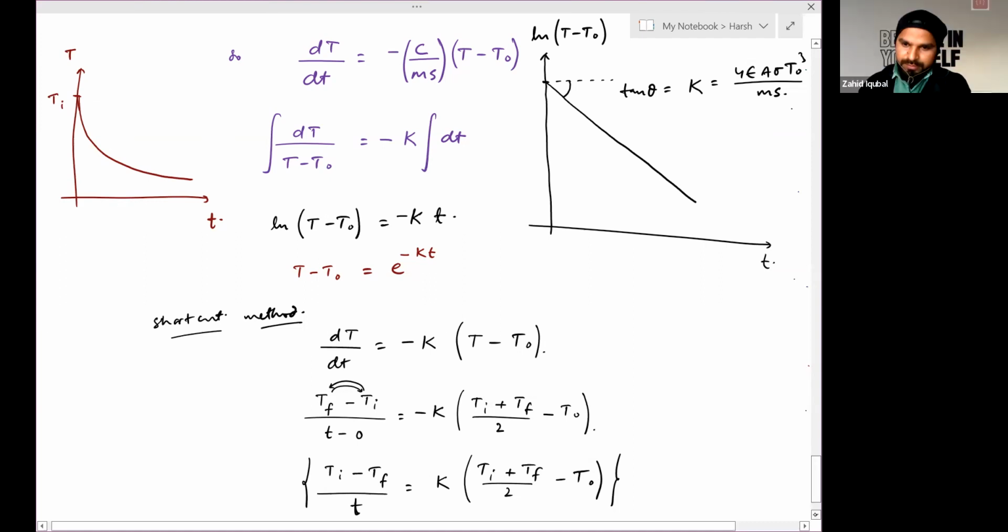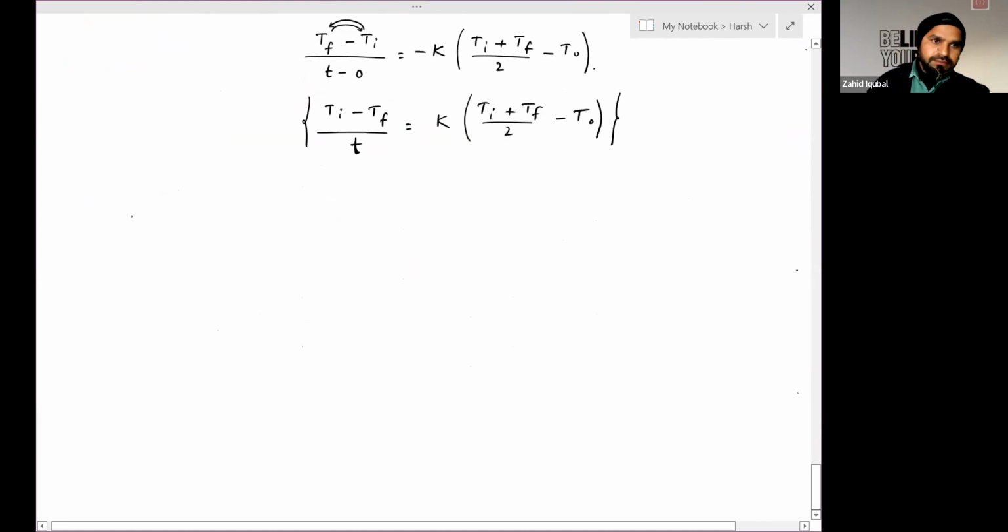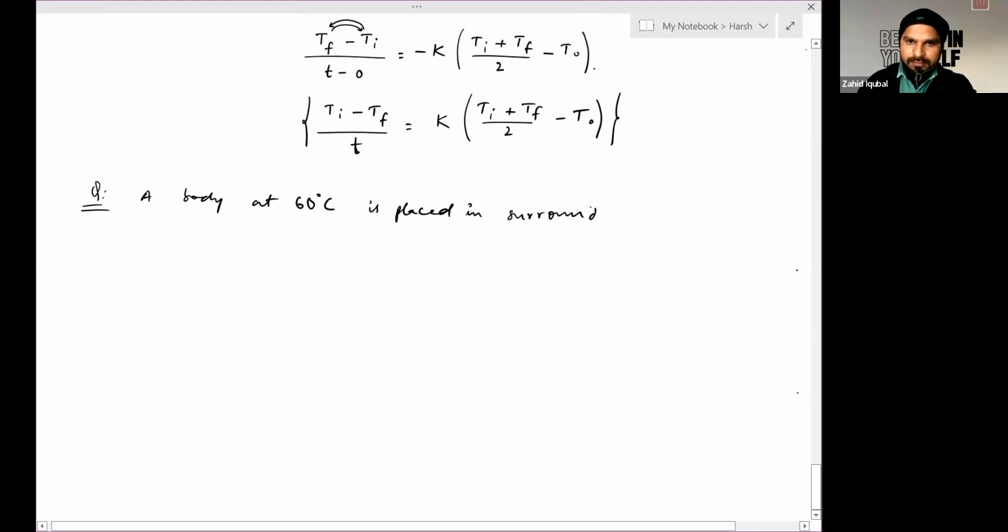Let me give you a problem related to this part and how to solve it. A body at 60 degrees Celsius is placed in a surrounding of 10 degrees Celsius.